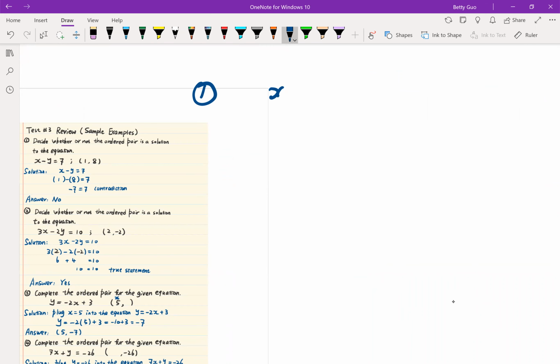The equation is x minus y equals 7. The given point is 1, 8. Please determine if 1, 8 is a solution of the equation x minus y equals 7.